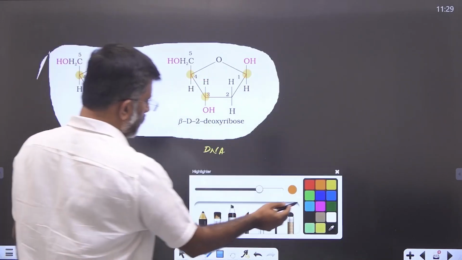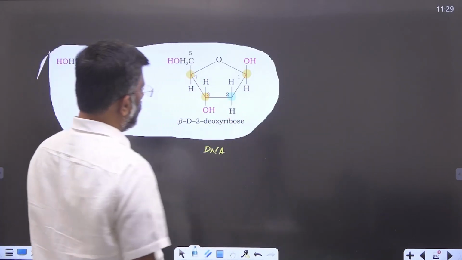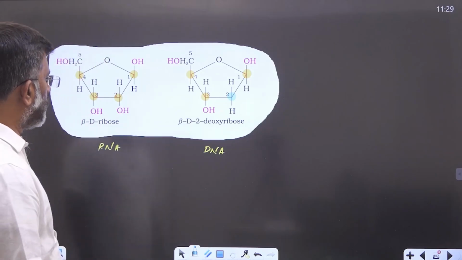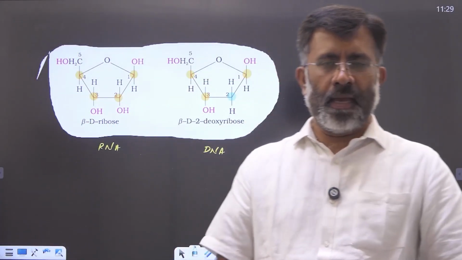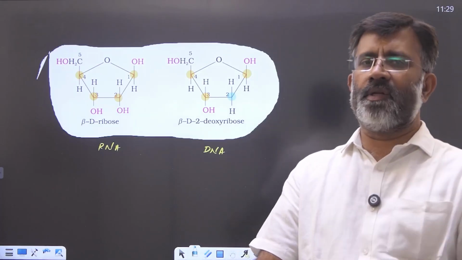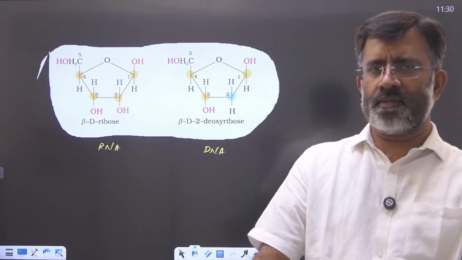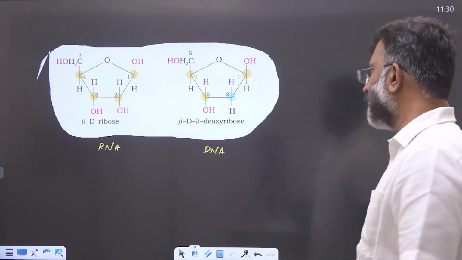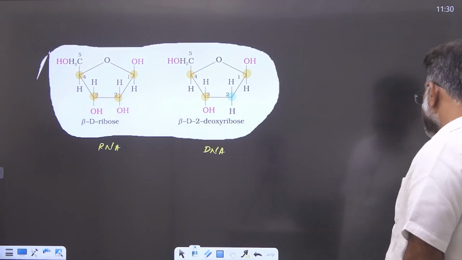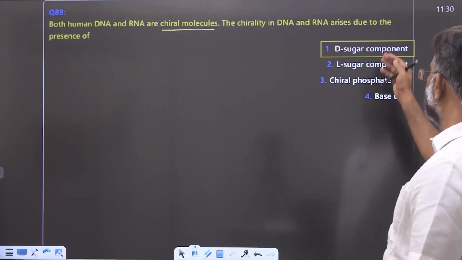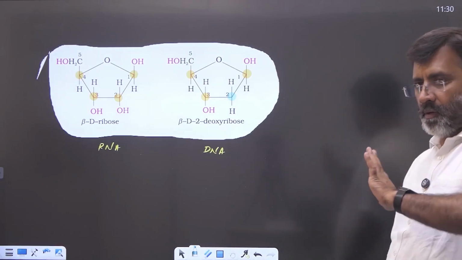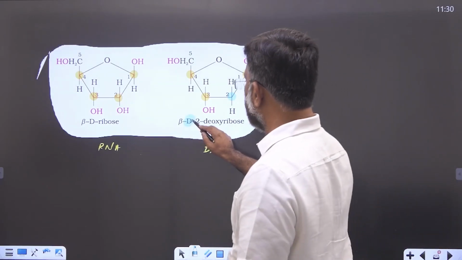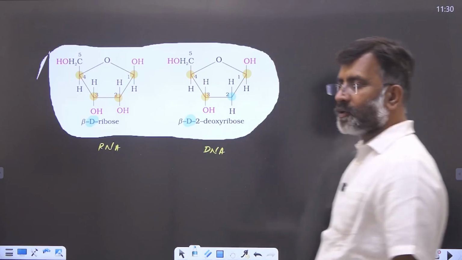This one loses the chirality; that is prochiral. So in ribose, there are 4 stereo centers, and in deoxyribose, there are 3 stereo centers. All these things are studied only. Okay. Next. So the answer is the first one. It is D sugar, not L sugar.